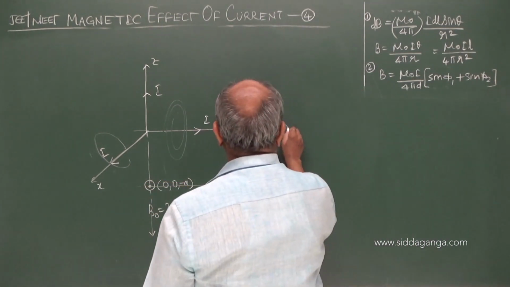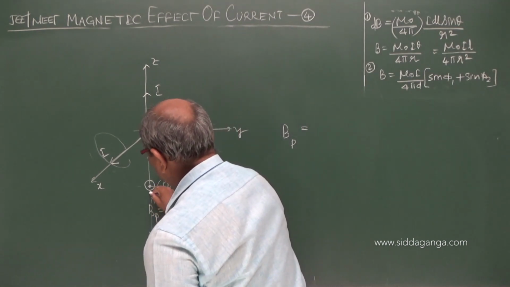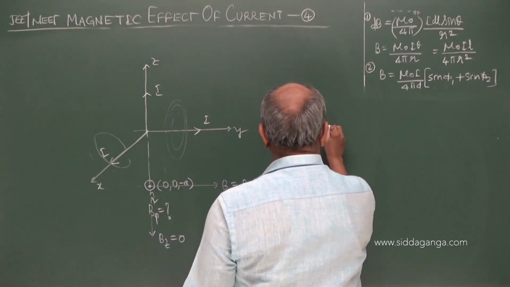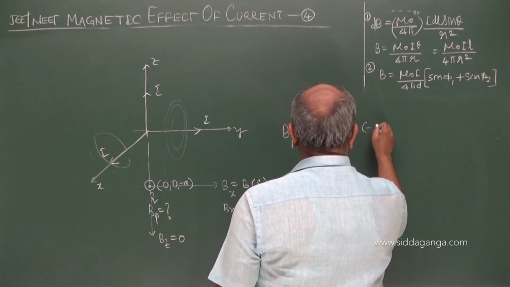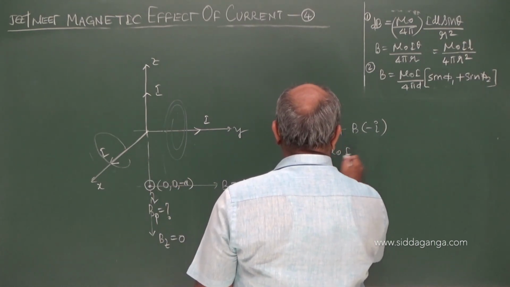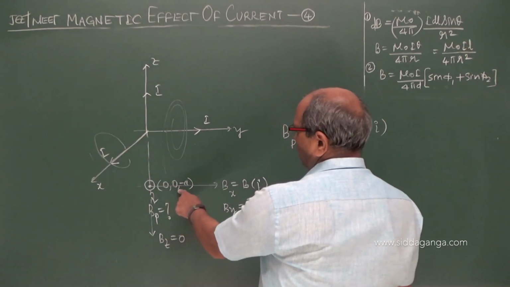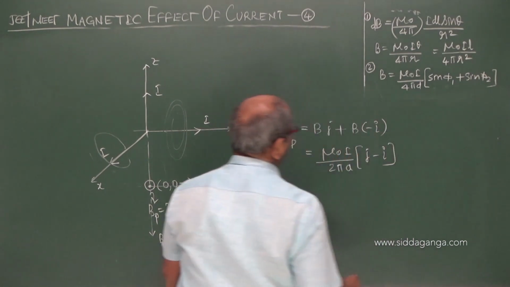Therefore, the net field produced at P is Bj plus B minus i. What is B for an infinitely long wire? mu naught I by 2 pi, as they told A, into j minus i is the answer.